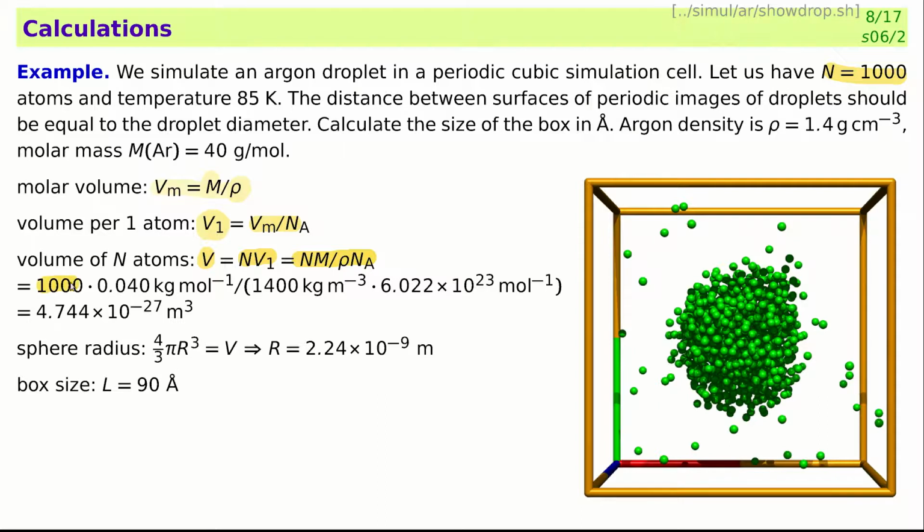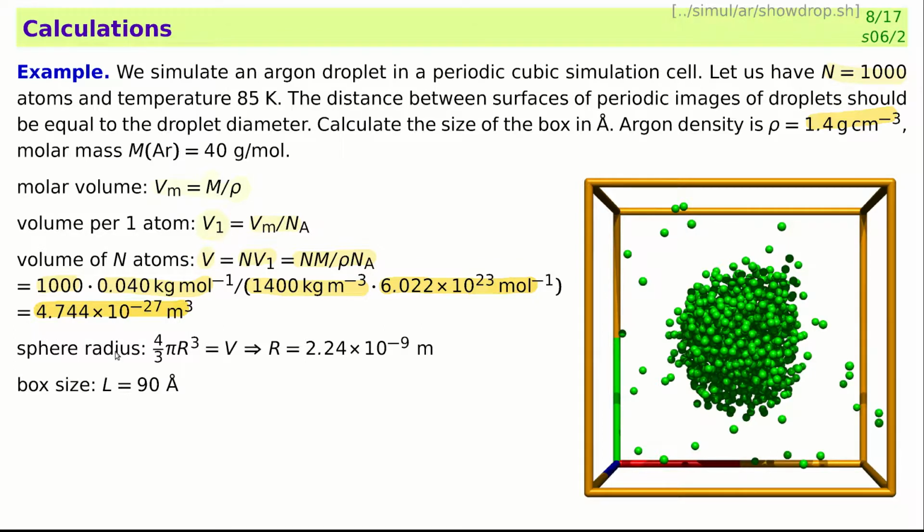Numerically, n times molar mass. Here I'm using SI units, so the molar mass I convert into kilograms per mole. The density is again expressed in kilograms per cubic meter, then the Avogadro number, and the result is here.